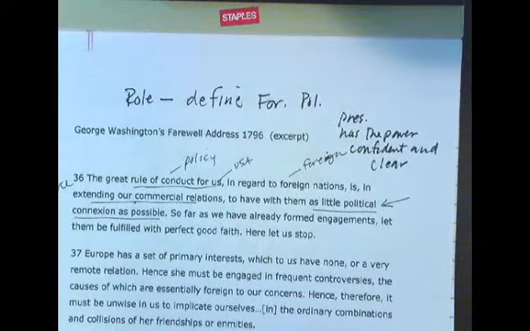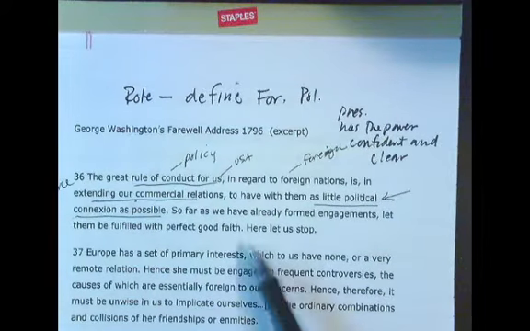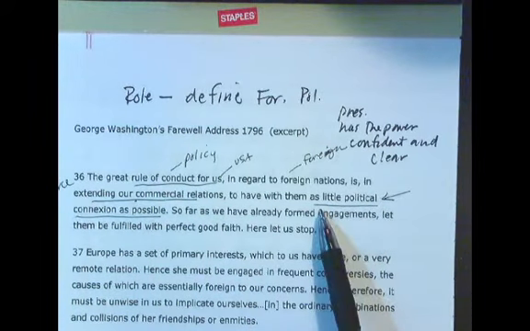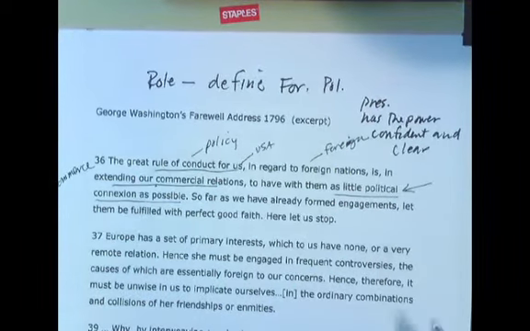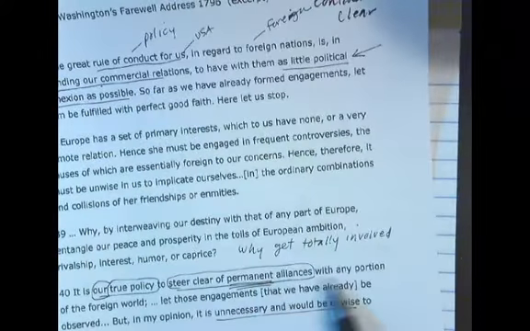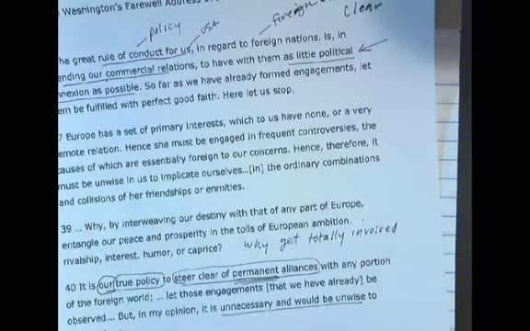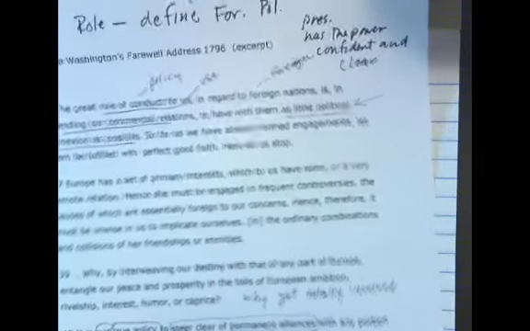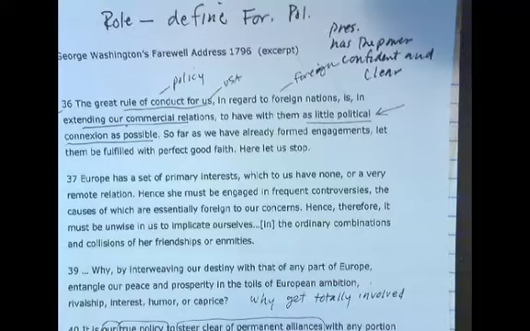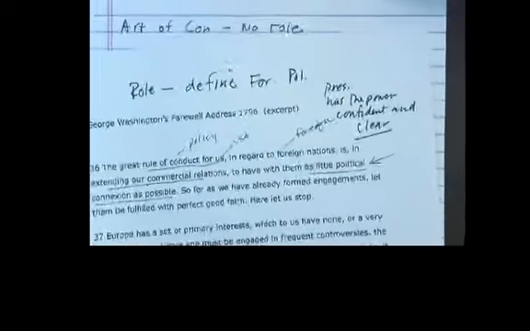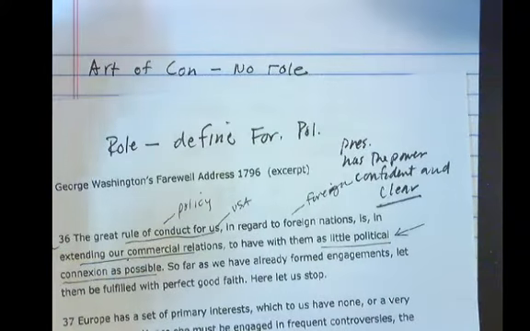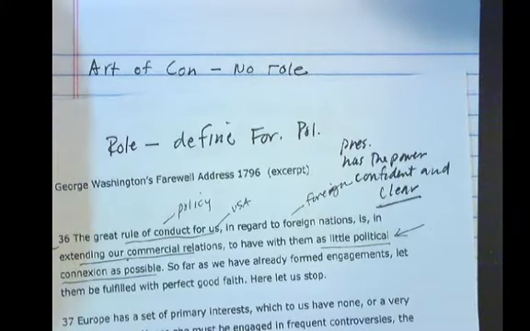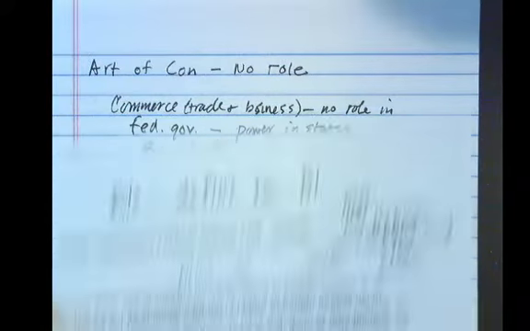And essentially, he says that we'll have as little connection as possible, even though we'll have business dealings with them. No permanent alliances, but temporary ones as needed. So he makes a very clear guide. So this is a definite change from what the role of government in foreign policy was a few years earlier with the Articles of Confederation.